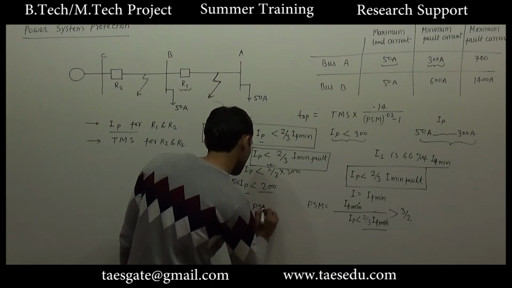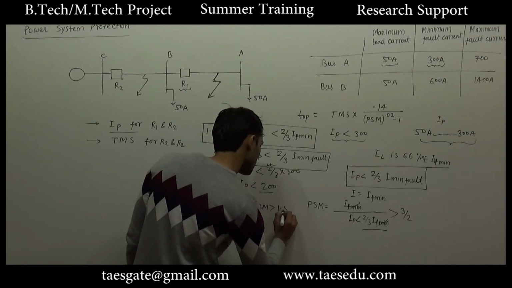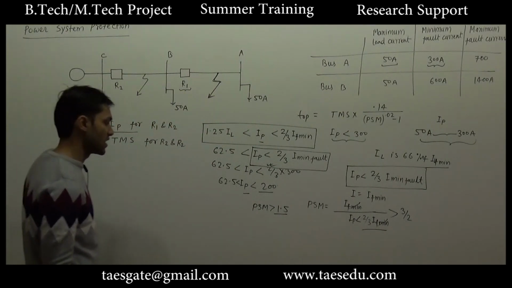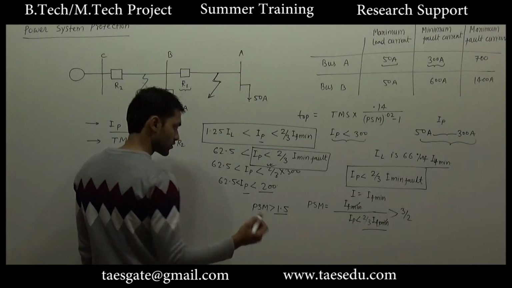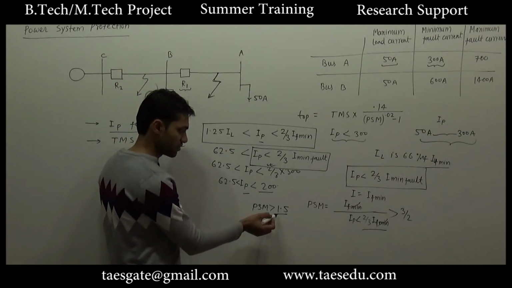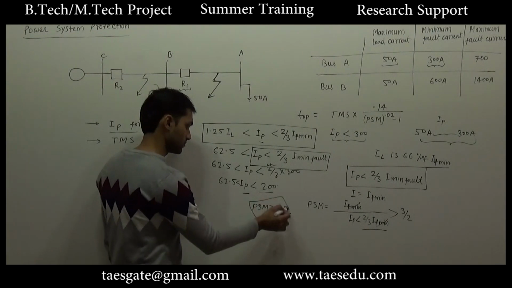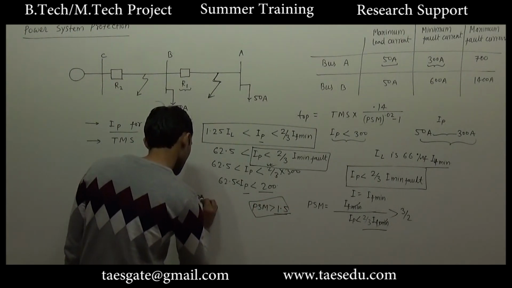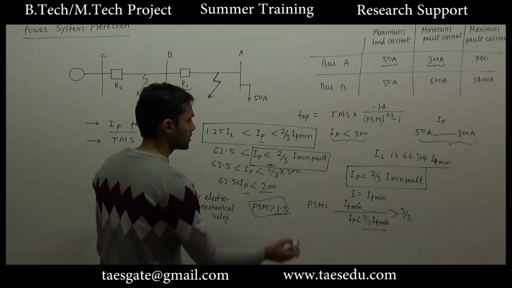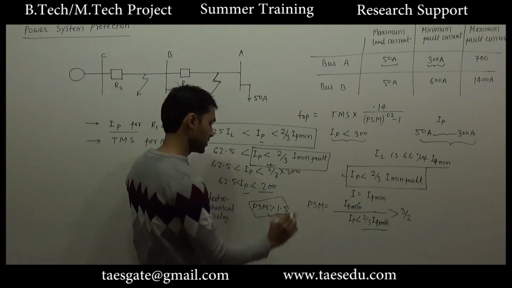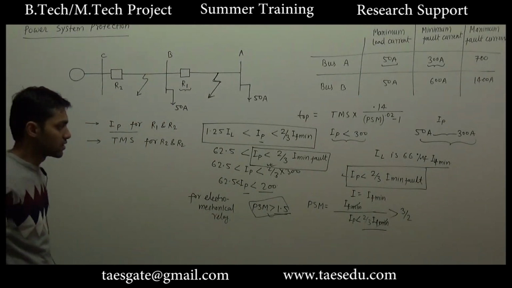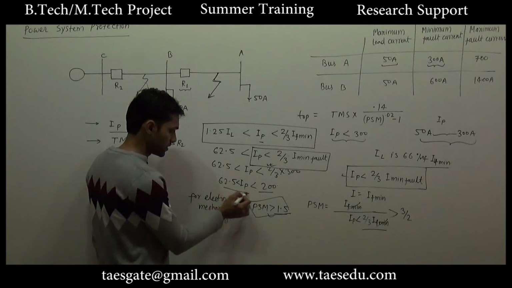We are satisfying PSM must be greater than 1.5 for electromechanical relay, which starts its working when PSM is greater than 1.5. So by ensuring this inequality, we can ensure PSM is greater than 1.5. Okay, so we got IP in this range.